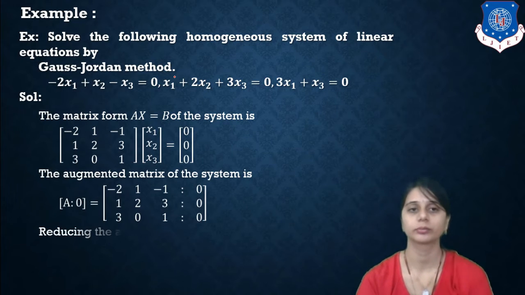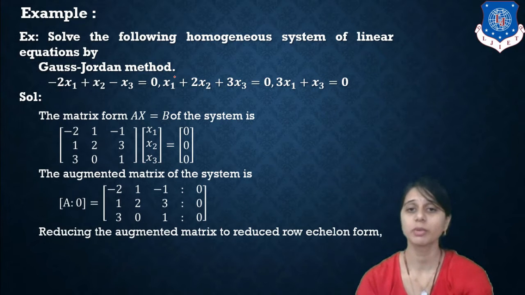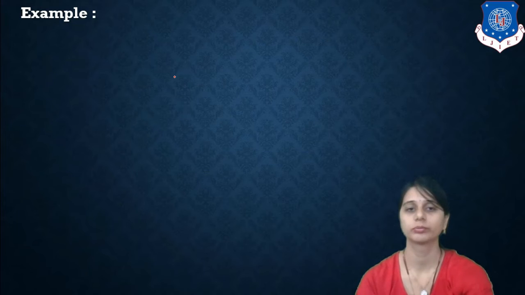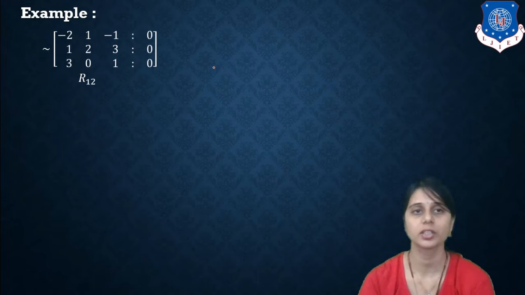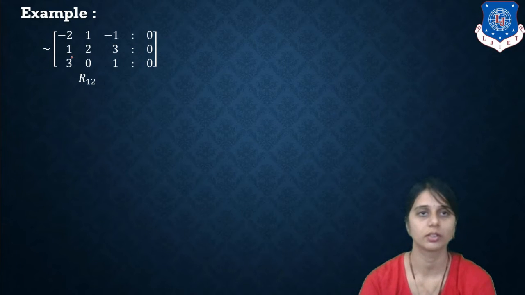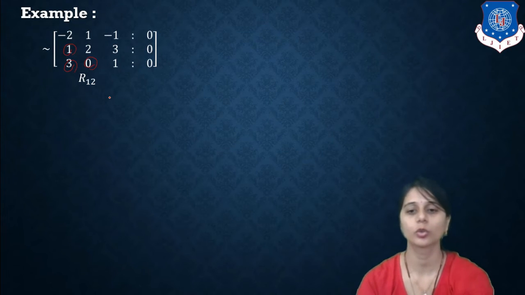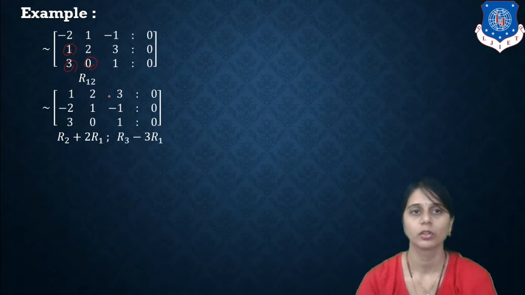So we get this matrix, and we reduce it to reduced row echelon form. What is reduced row echelon form? We create zeros in these three entries. Now we take the row operation R12, so we get 1, 2, 3, 0.